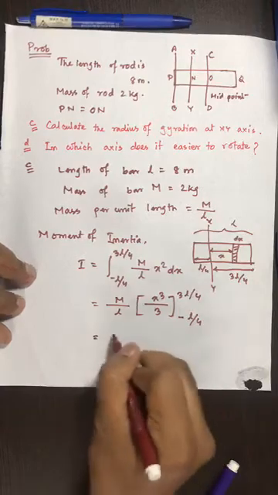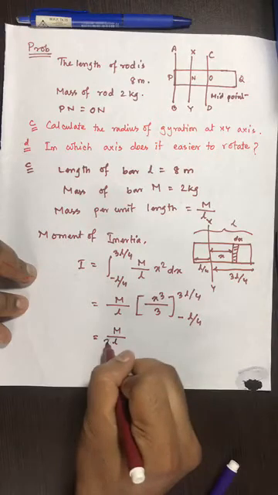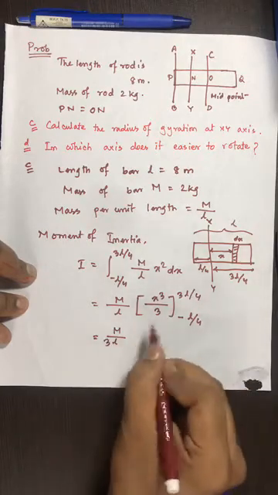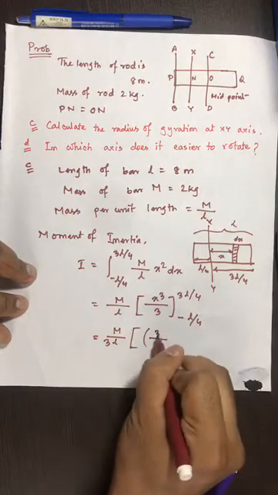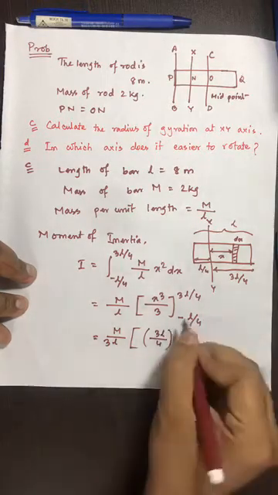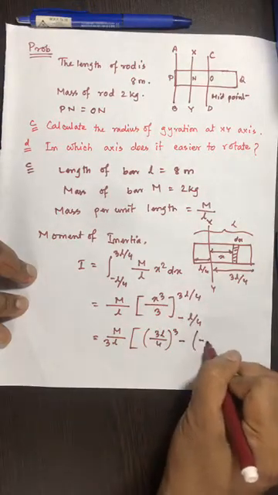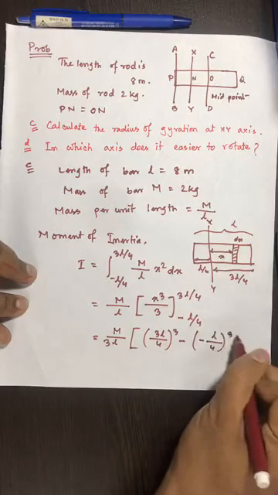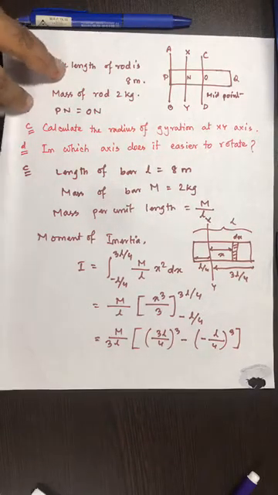So M by L, I take the 3 out since it is a constant, and it is thrice L by 4 whole cube. We put the values of x in the limit function, so minus L by 4 whole cube. Clear? Okay.